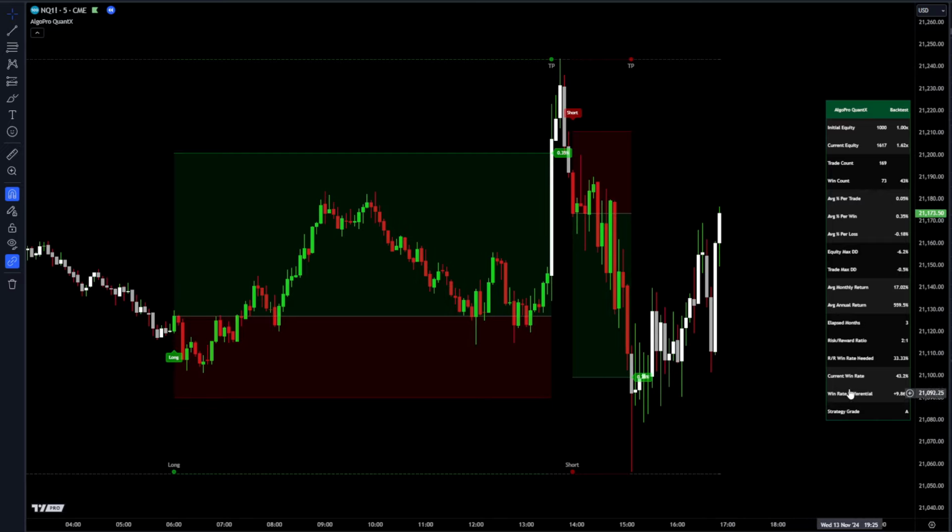So we've included here the win rate that you need for whatever your settings are. Since our settings are a 2 to 1 ratio, we need a 33% win rate to break even. So at a 43% win rate, that's a very profitable strategy. We're getting a plus 10% differential. So I would look for at least a plus 5% differential to let you know that the strategy is profitable.